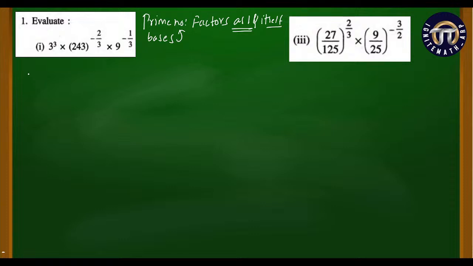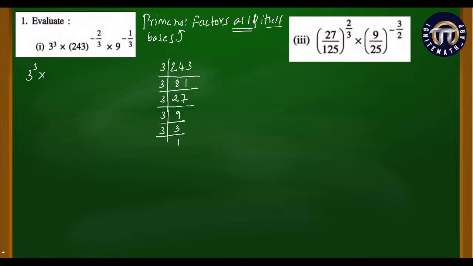Clear? Now I will write 3 to the power of 3 as it is. Here I have 243, which I should express as some prime number. How can I find that prime number? I'll do the prime factorization of 243: 3 1s are 3, 3 2s are 6, 3 7s are 21, 3 9s are 27, 3 3s are 9, 3 1s are 3.